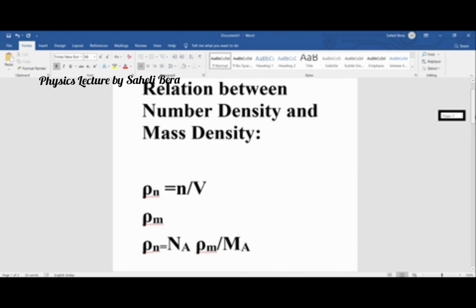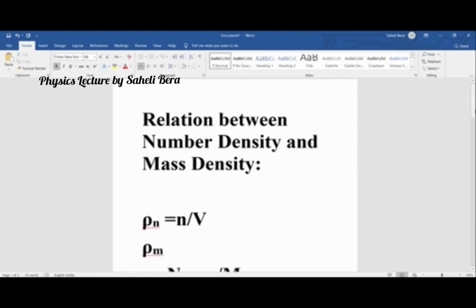Now, number density means the number of atoms per unit volume. So the unit can be some number of atoms per centimeter cube or per meter cube, that is centimeter to the power minus 3 or meter to the power minus 3 for rho n.